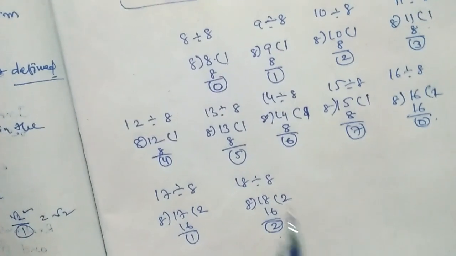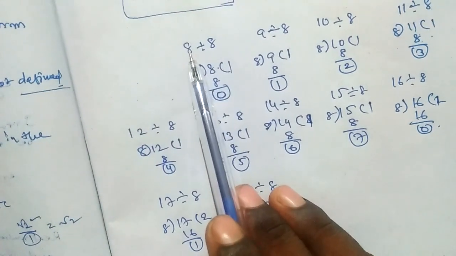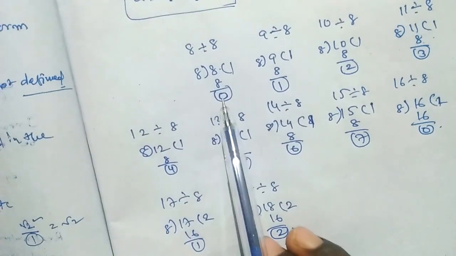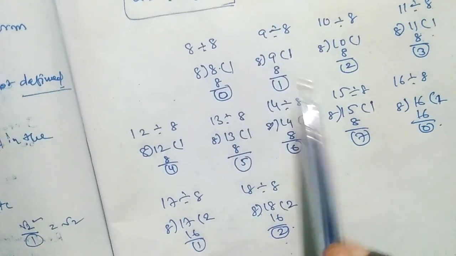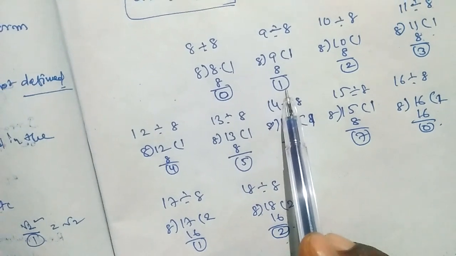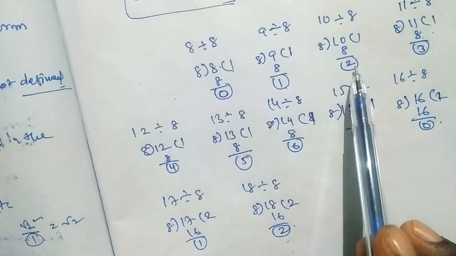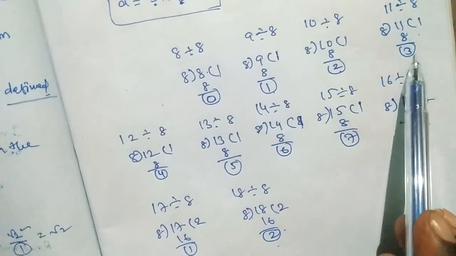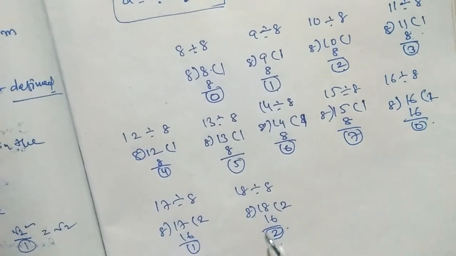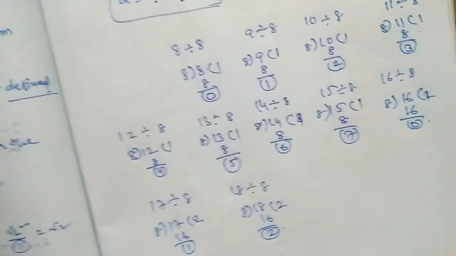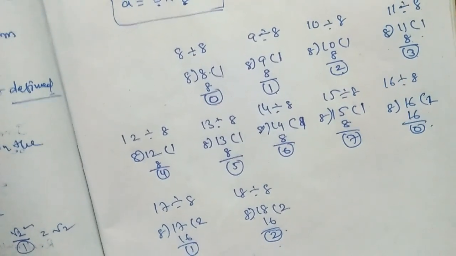What I conclude, once you observe the remainders here. When I divide 8 by 8, I get the remainder 0. 9 divided by 8, 1 remainder. 10 divided by 8, 2 remainder. 3, 4, 5, 6, 7, 0, 1, 2. Again, if you take up to 24, 8 3s are 24.